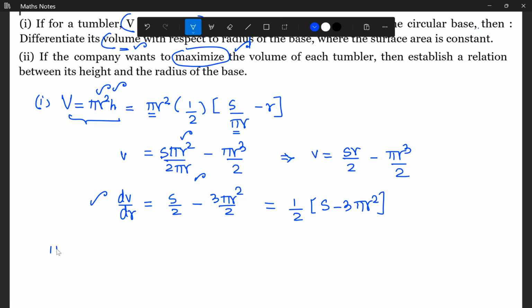On to the second question now. If the company wants to maximize the volume, so whenever we get these maximize and minimize, we need to find the critical points. We need to equate the first derivative to 0. So in this case also, I'm going to do that. dV by dr is equal to 0, and it becomes 1 by 2 times S minus 3 pi r square is equal to 0.